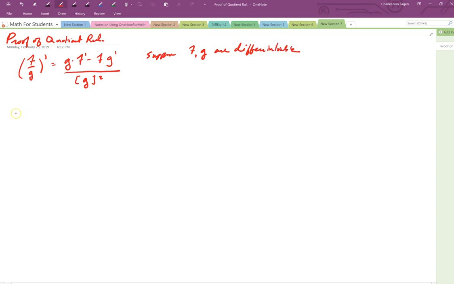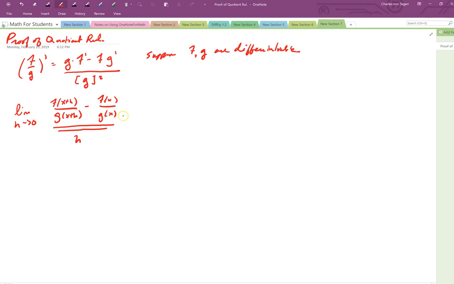And let's look at the limit definition then. So we have the limit as h approaches 0 of f of x plus h divided by g of x plus h, minus f of x over g of x, all divided by h. This is the limit definition of the derivative tailored for the quotient function.